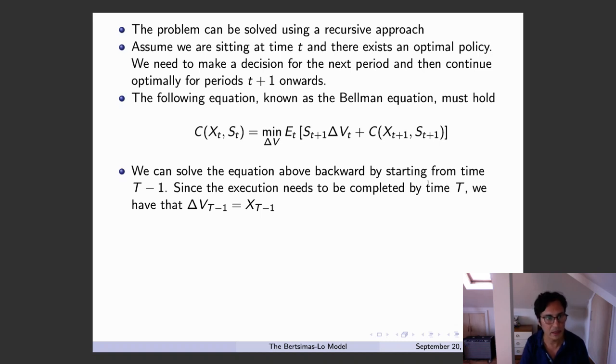As I was mentioning, the way to solve this equation is going backwards. So we start at time capital T minus 1, so we have only one period to go. In this case, the solution is quite trivial, because we have this constraint that we need to finish by time capital T. So at time capital T minus 1, this is the amount we had to execute. So imagine we started at x0 equal 100.